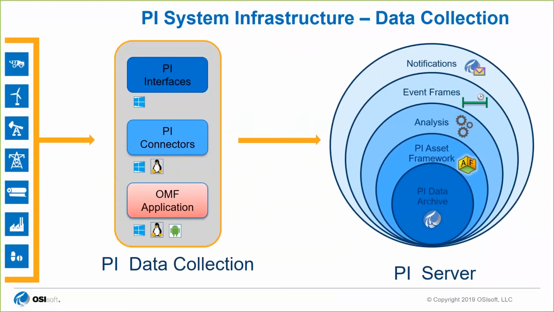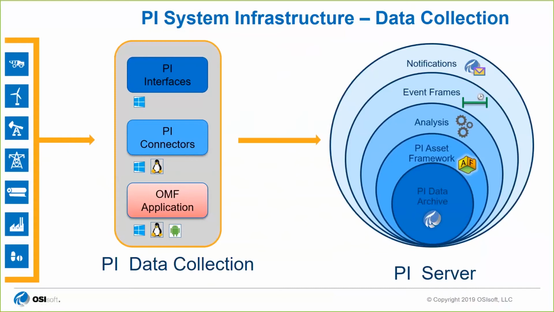The next class of Pi data collection is Pi connectors. That's a new school of data collection that is contextually aware of what kind of asset it's talking to, what the data is, what the descriptions are, maybe what the units are, and that can run largely on Windows and Linux. So these are being actively developed.